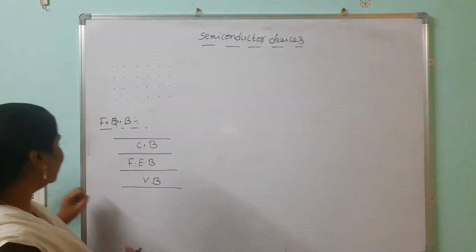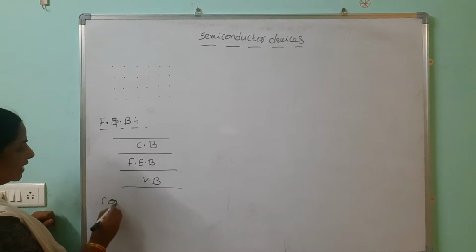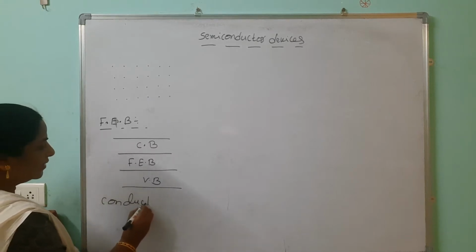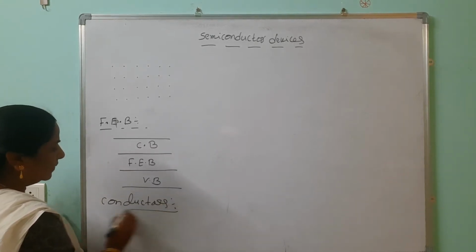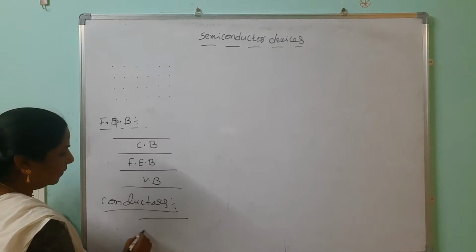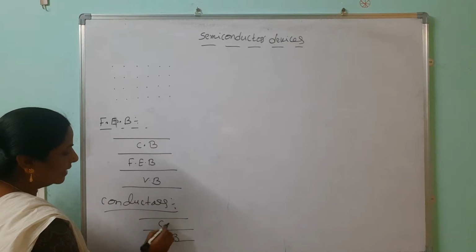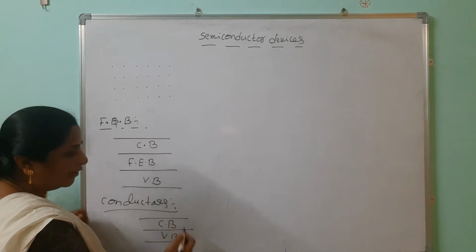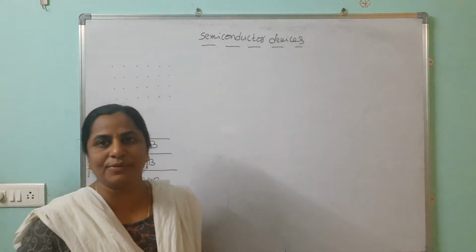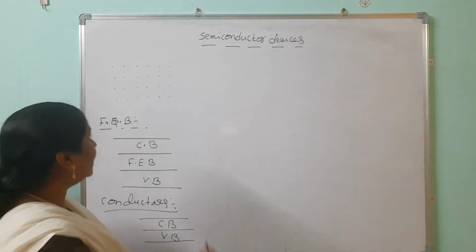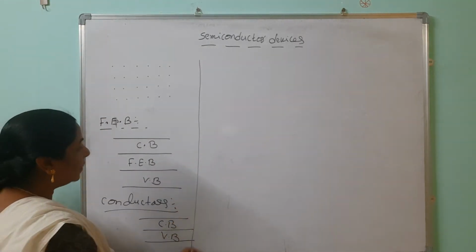First we go through the case of conductors. There is no forbidden energy gap. This is the valence band and this is the conduction band. Electrons easily jump from the valence band to the conduction band. Like insulators, no, this gap is more.